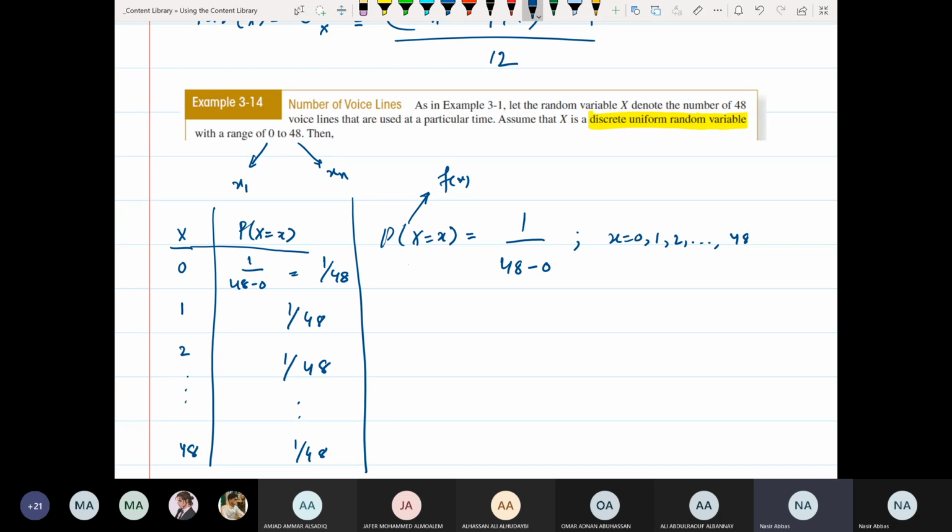This is how I recommend you write the probability mass function, in terms of a function, not a table. In the general case, I prefer a table because sometimes it can be converted to a function and sometimes it cannot. But once I go specific, like uniform, the functions are available in the literature, so it's better to write it as a function.